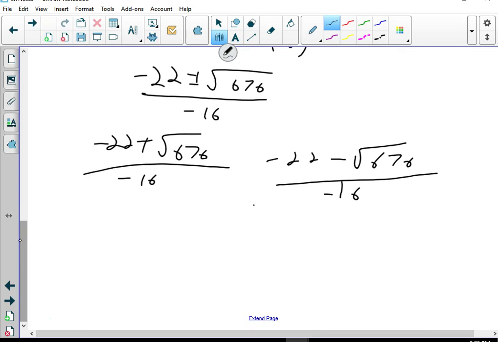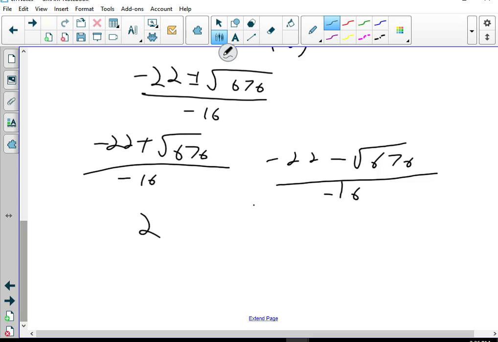I got negative 0. Because it's the opposite of b. So negative 22 plus the square root of 676 divided by 2 is 2. Because guys, the square root of 676 is 26.